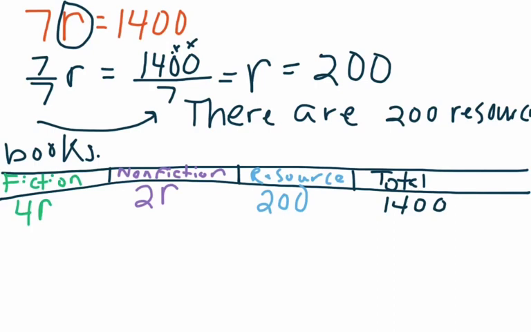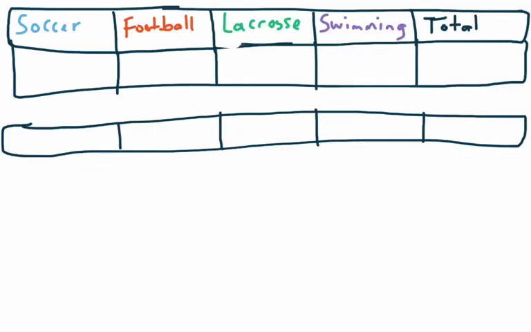So 4 times R is 800, because, I'm sorry, 4 times 2 is 8, and 2 times 2 is 4, so we're going to have 400.